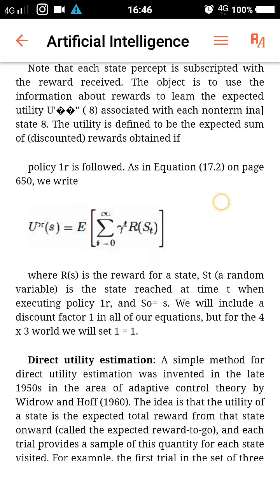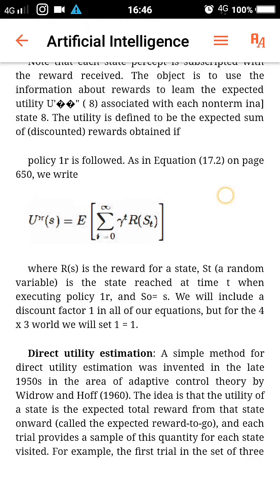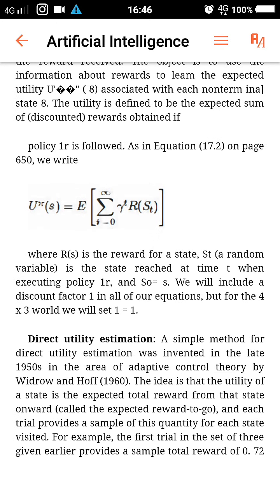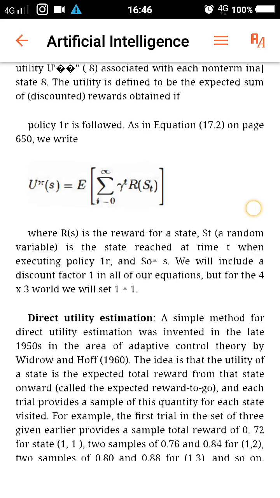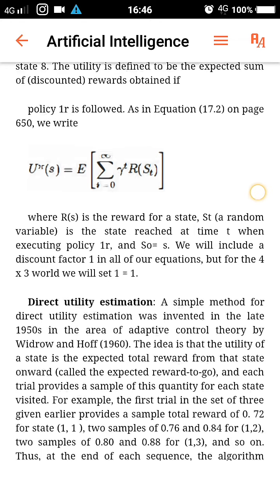The object is to use the information about rewards to learn the expected utility U^π(s) associated with each non-terminal state s. The utility is defined to be the expected sum of discounted rewards obtained if policy π is followed.